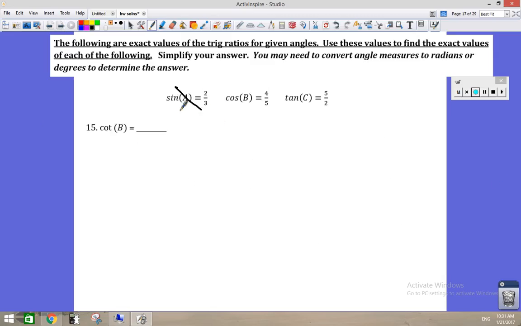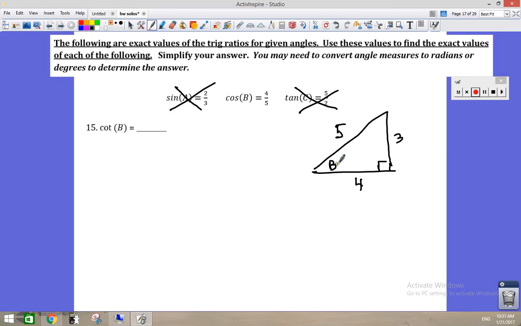Here, let's take a look at what information is given: the cosine of angle B is 4 over 5. If this is angle B, we could just go adjacent over hypotenuse and recognize very quickly that it's a 3, 4, 5 triangle.